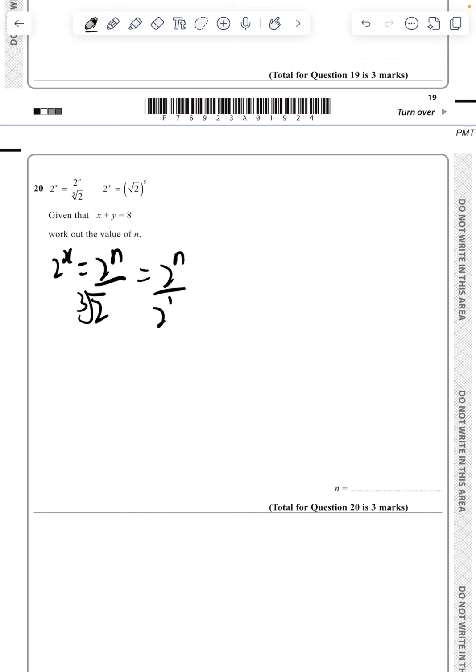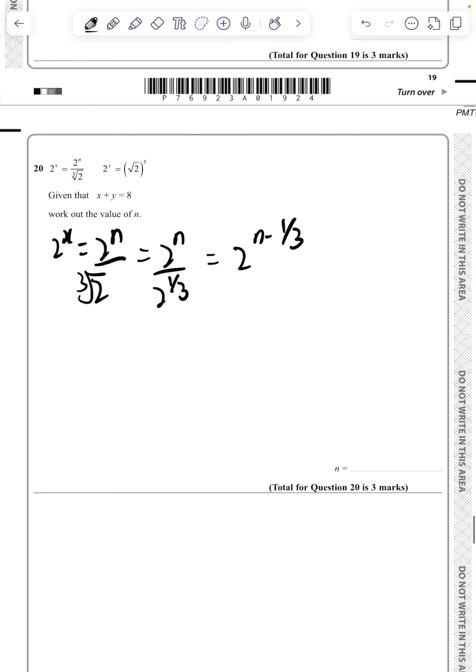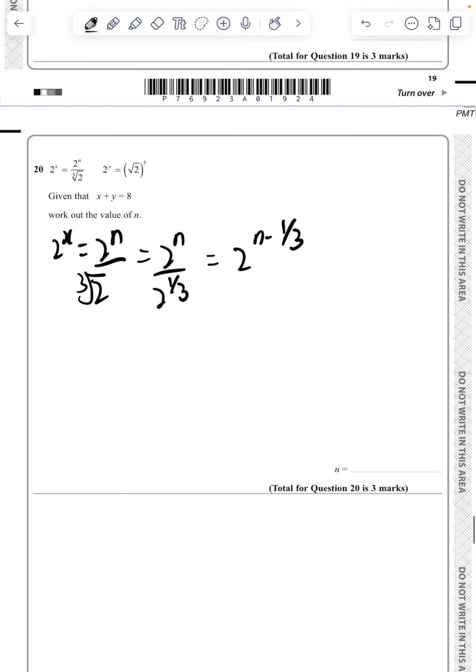I'm trying to do too many steps in one go. That was 2 to n minus a third. And then 2 to the y. It's 2 to the 5 halves.